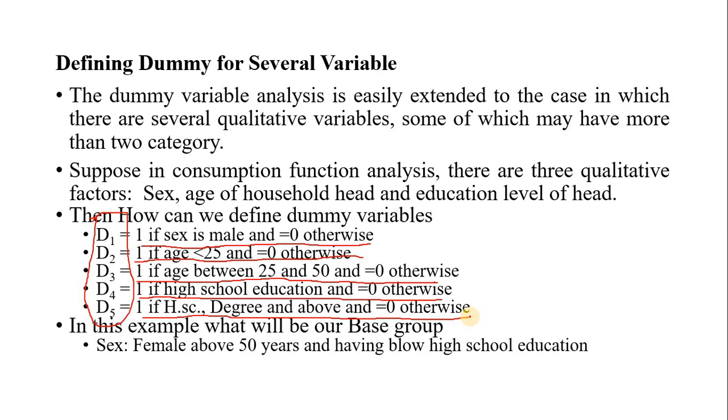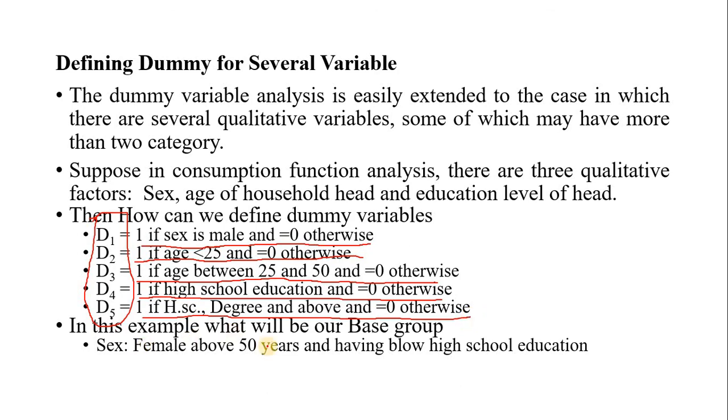So here 0 is assigned for female, then more than 50, those who don't have high school education, and those who have not completed higher secondary degree and above education level.